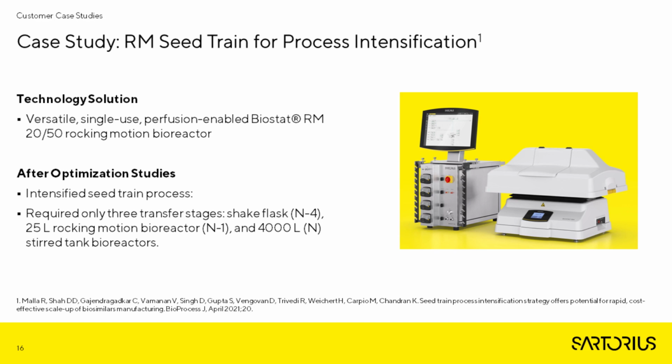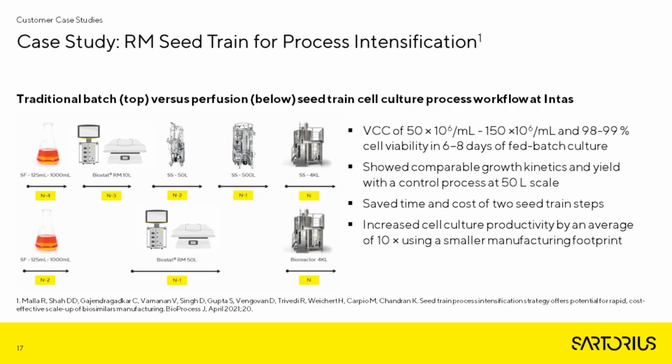We proposed to intensify the Biostat RM50, and that would eventually result in a decreased number of seed train bioreactors. Here you can see the summary of the incoming data on the top, where we had 4 stages in the N-X, finishing with a production bioreactor of 4,000 liter, and the lower section describes our proposal.